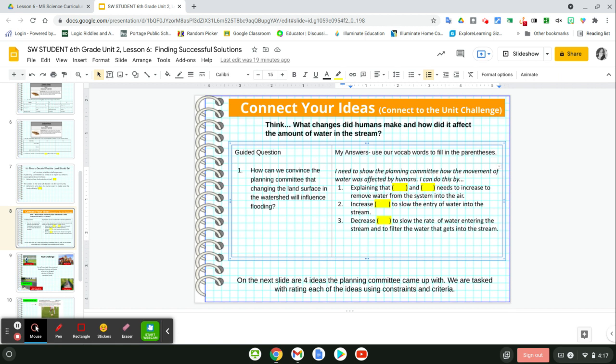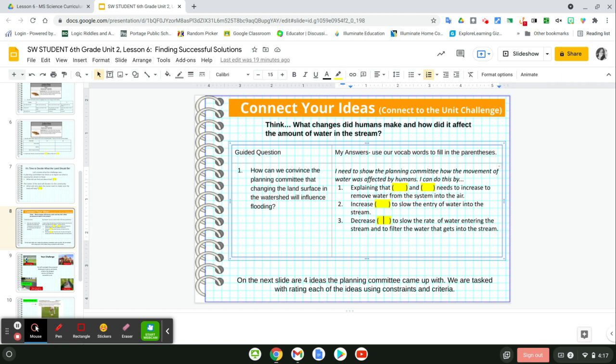Remember, one of the drivers to get water to go somewhere else, which would be a slower pathway to the stream. And then think about a faster pathway, and we want to decrease that. So, a faster pathway into the stream is something we would want to decrease. So, decreasing what?